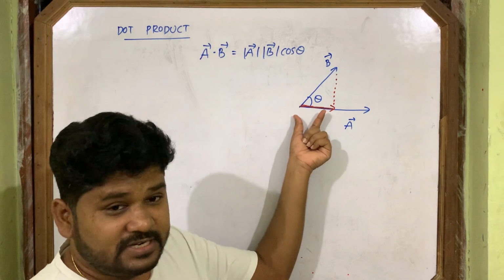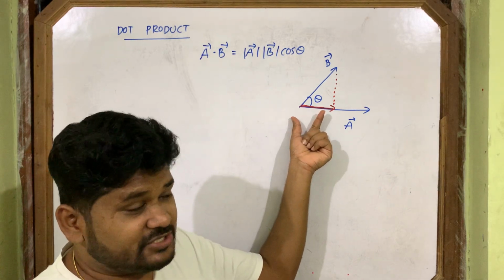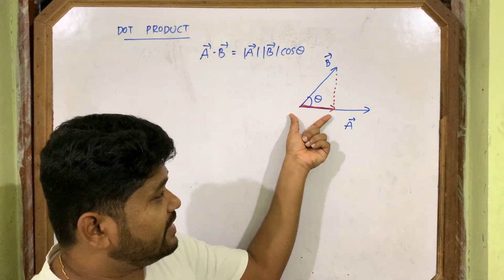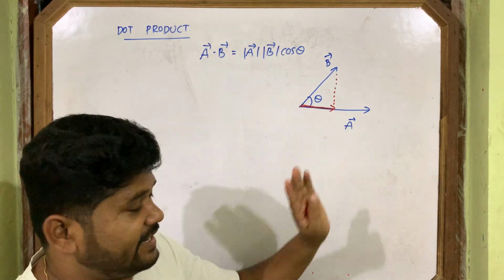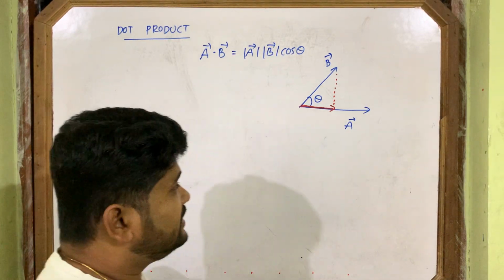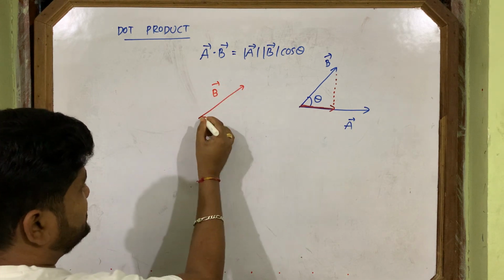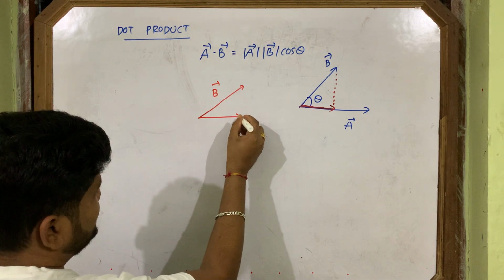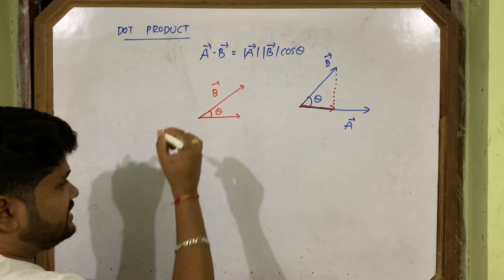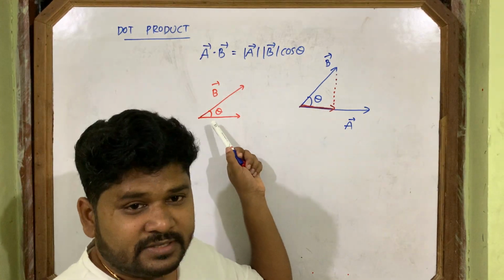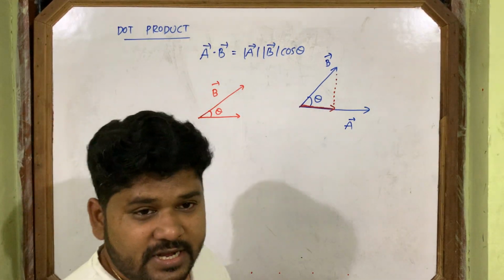I have told you in the previous lecture how we find the component of one vector. You just forget A. I am drawing B separately, otherwise you see the component of B on this line. The angle is theta.